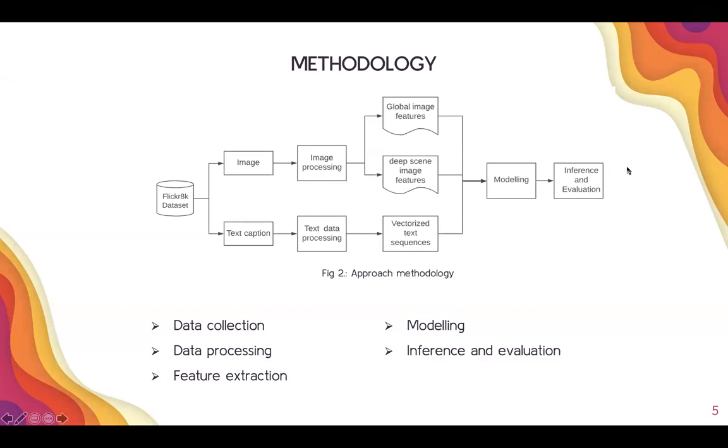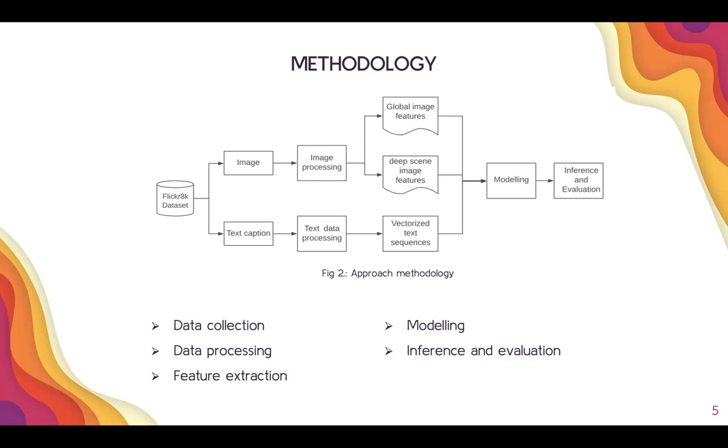So the methodology, this is the methodology followed to carry out this research. The process is shown in this flow chart. First of all, we collect the data from the public repository and we separate the data into images and captions. Then we process the image and text before we extract features from them.